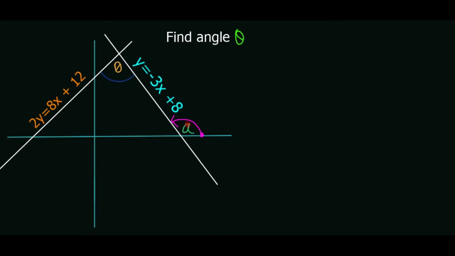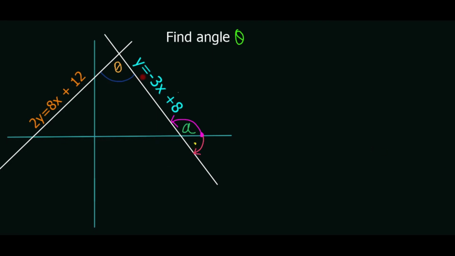Let's say angle alpha. But because it's a negative gradient, the first thing is to find this angle, because it's a negative angle and the angle is measured clockwise. So we can find this angle first.